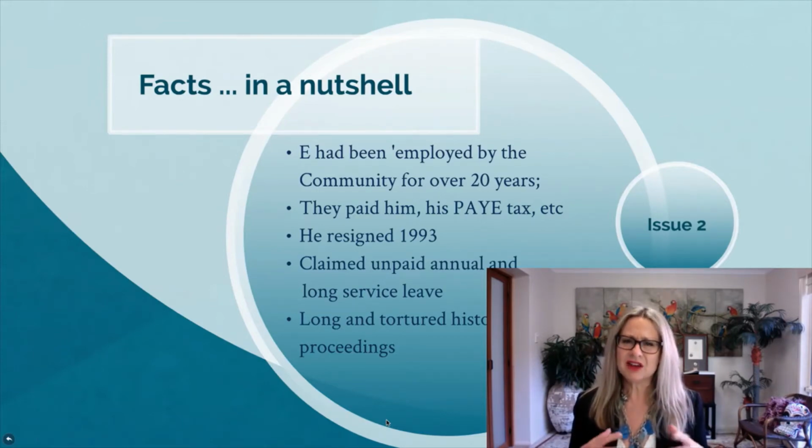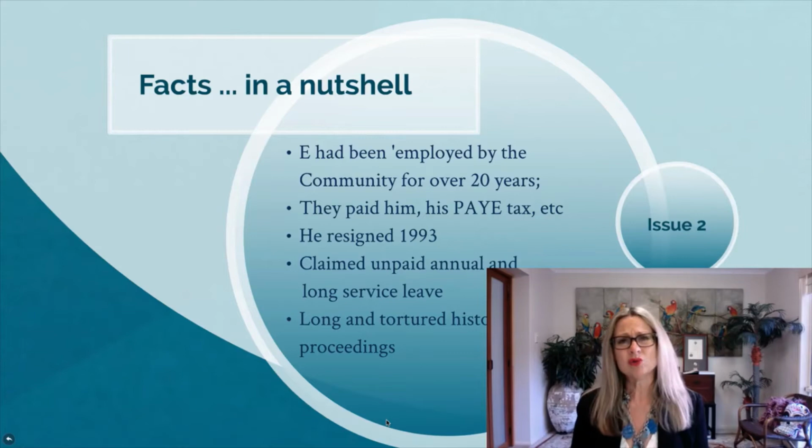So you have your first little possible hint that this might be a contractual relationship rather than a non-contractual relationship. There were other indicia as well. Homogeneous resigned in 1993, so like I said, more than 20 years worth of service. He claimed unpaid annual leave and long service leave.